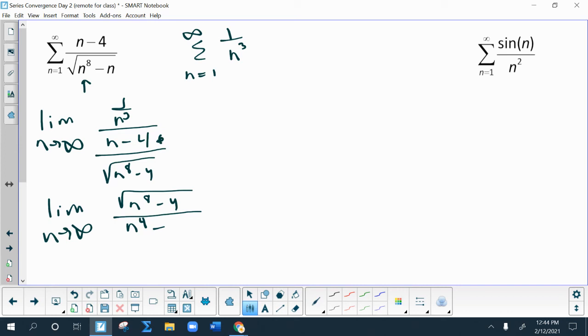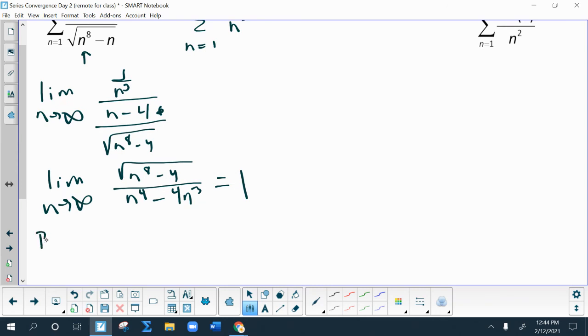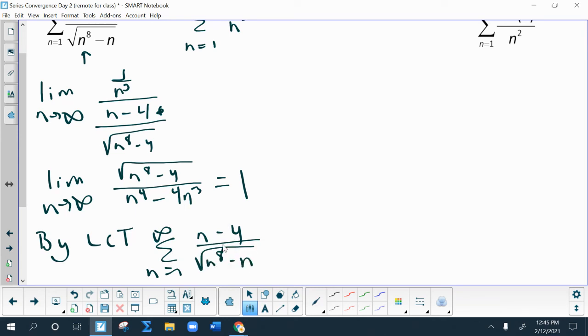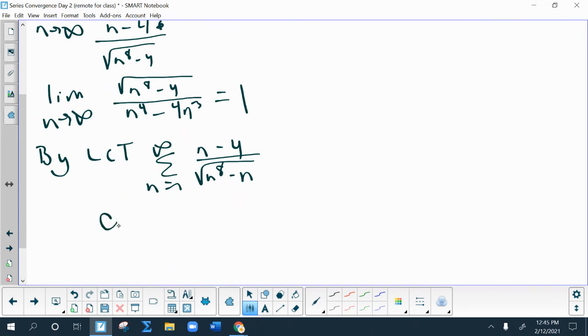So it's going to be n to the 4th minus 4n to the 3rd, or however you want to keep it factored, that doesn't matter. The main thing is for you to realize that this gives a limit of 1. And so since this limit is 1 by the limit comparison test, the original series converges. And that's because we knew that the 1 over n to the third converged as well.